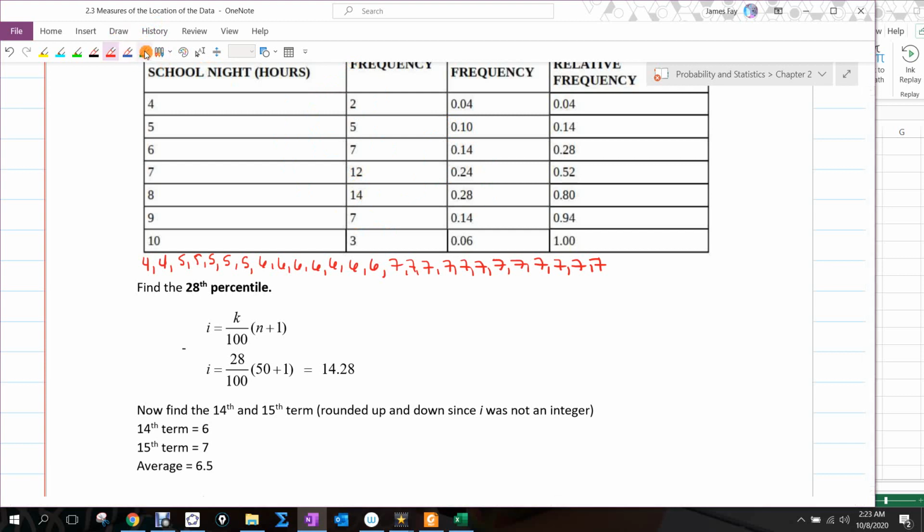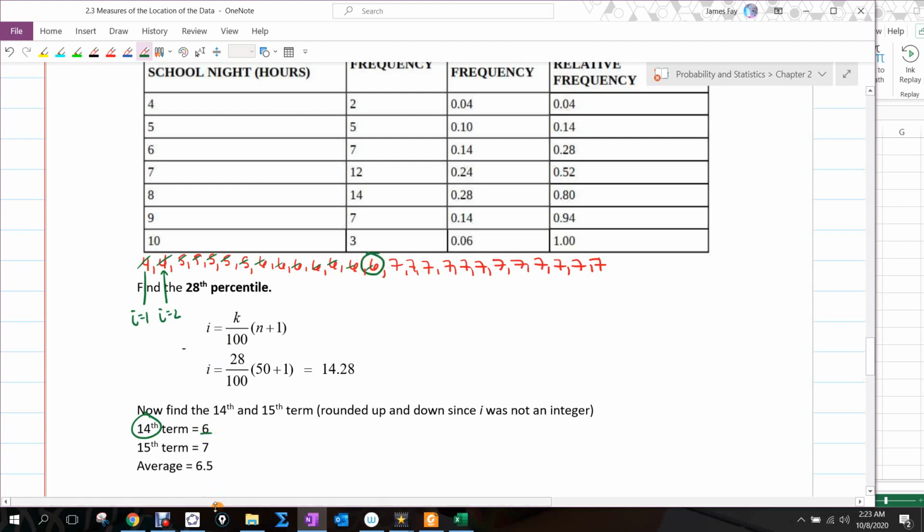What we mean by the ith term is that term right there is when i is 1. That term right there, i is 2. The index tells you what position you are in the list. So when it says the 14th term, this is 1, 2, 3, up to 14.